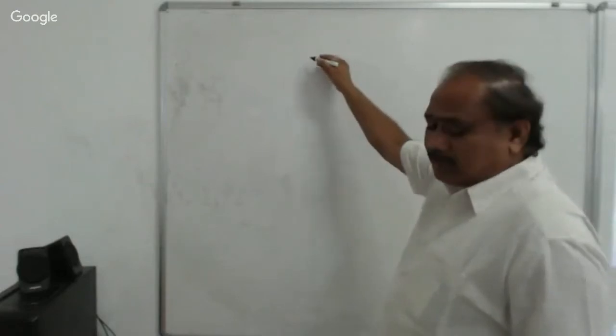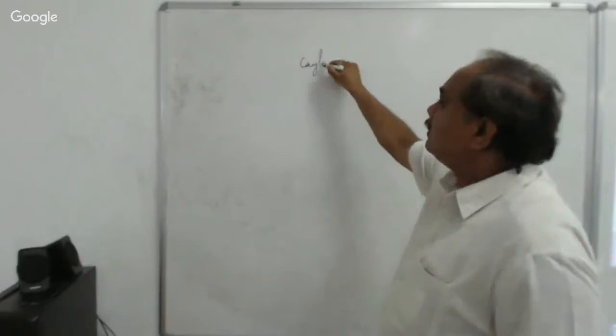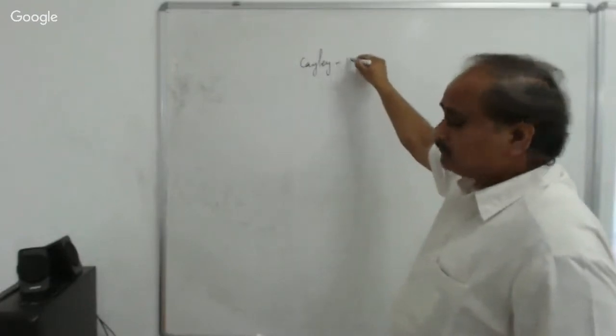Now, just write down its concept. That is called the Cayley-Hamilton theorem.